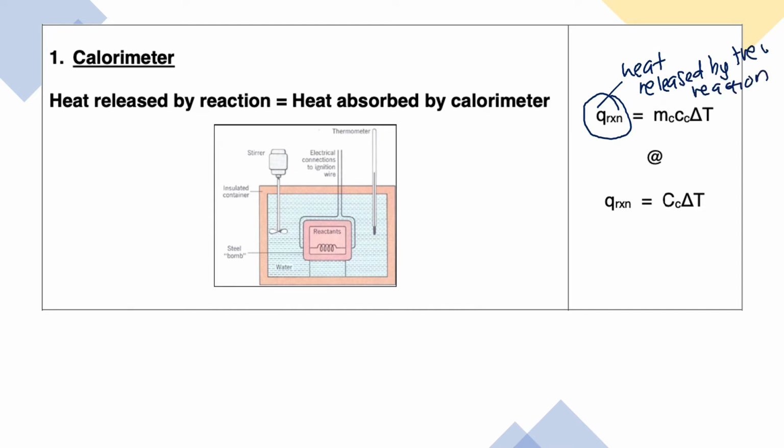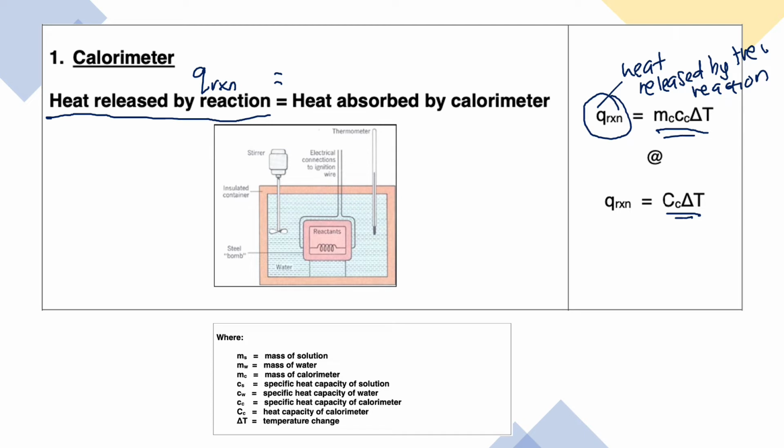RXN stands for reaction, and Q stands for heat, which equals the heat absorbed by the calorimeter. For the heat absorbed by the calorimeter, we are going to apply one of two formulas: either mc∆T or C∆T.